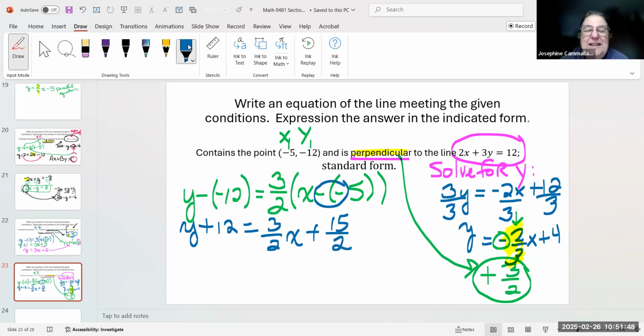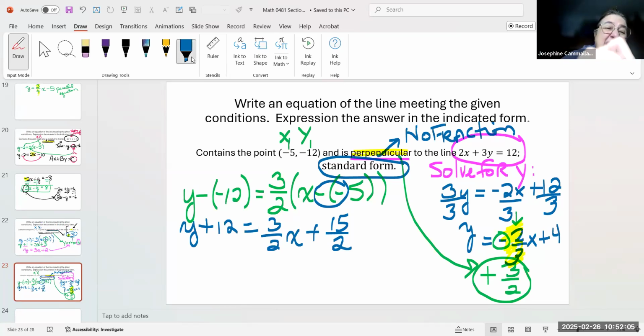Okay. Now, standard form. No fractions. And I got fractions here. But the nice thing is, I have denominators of 2. Now, I could go a little further and get rid of my fractions, but I might as well do it here.